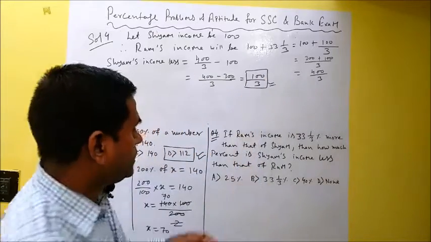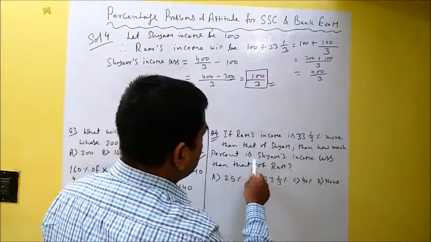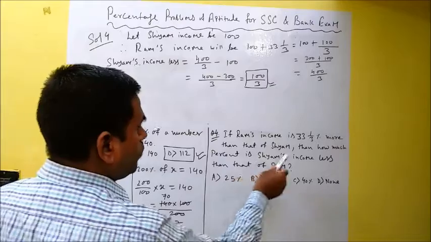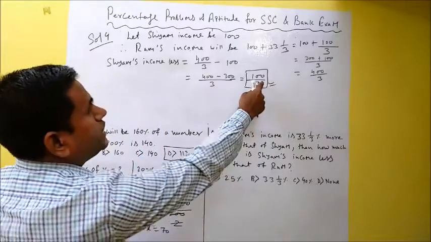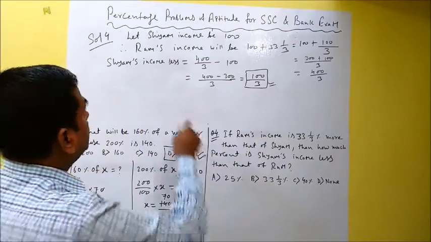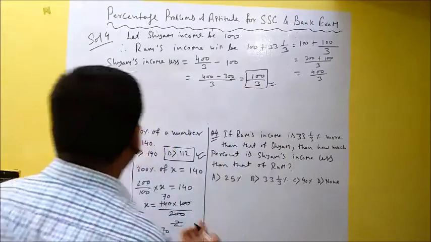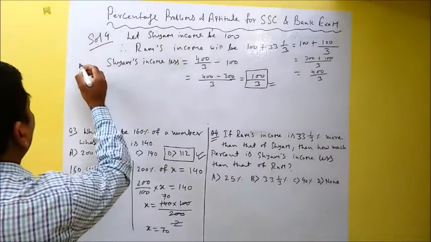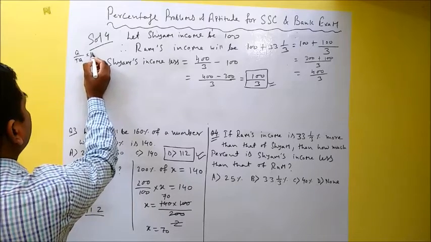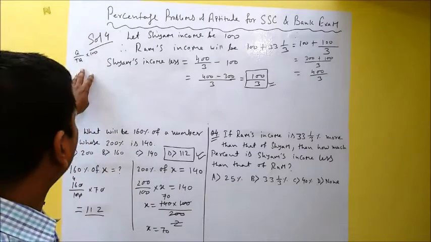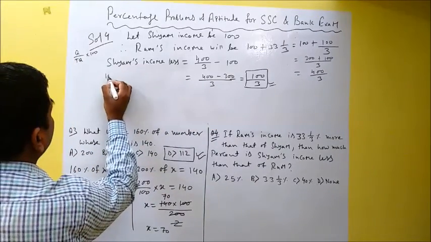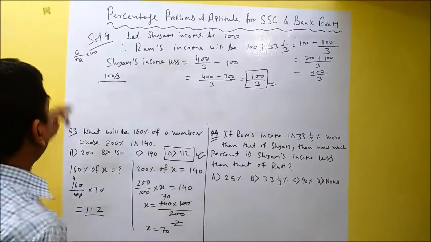Now this number it is asking in percentage. How much percent is Shyam's income less than that of Ram? So we have to find out the percentage of this. You know the percentage formula: quantity upon total quantity multiplied with 100. So here we write this quantity, which is 100 upon 3, upon the total quantity.